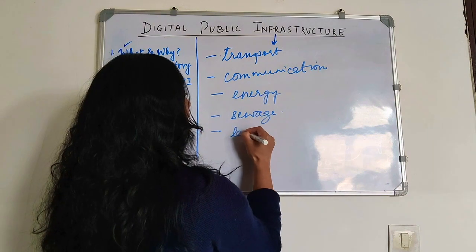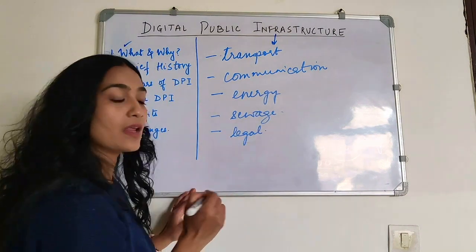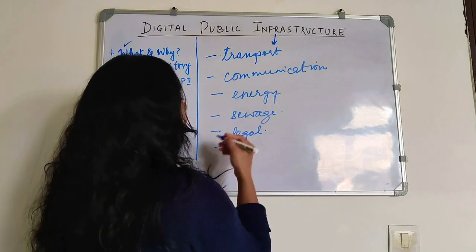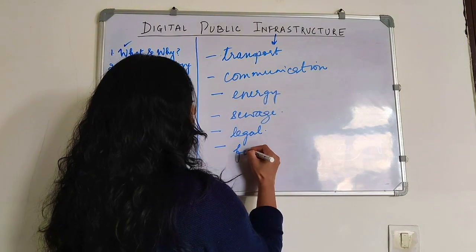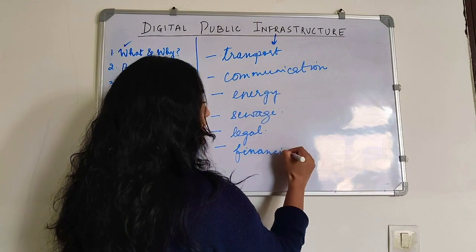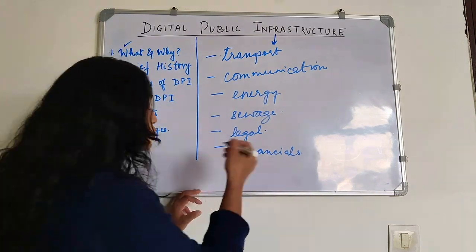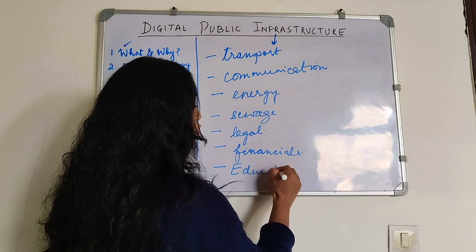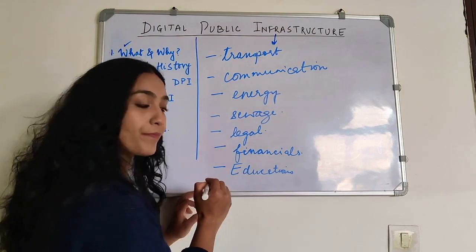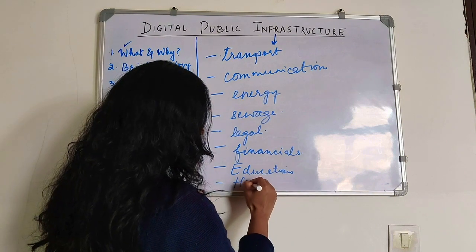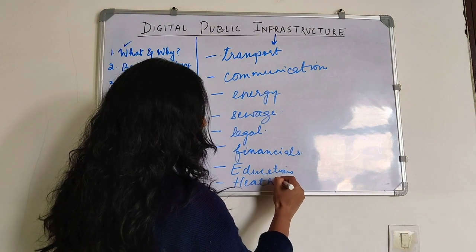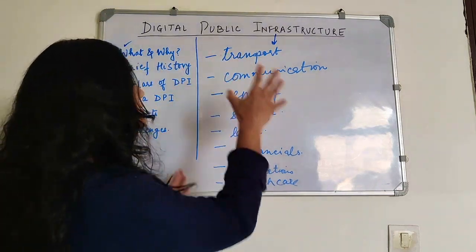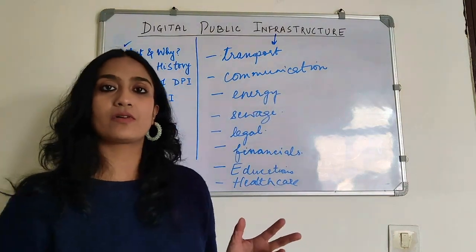It also has the legal system, the police, the jails. It also has the financial system, your banks and ATMs. It is also the educational systems, your schools and colleges, as well as the healthcare, your hospitals. So all these comprise infrastructure.